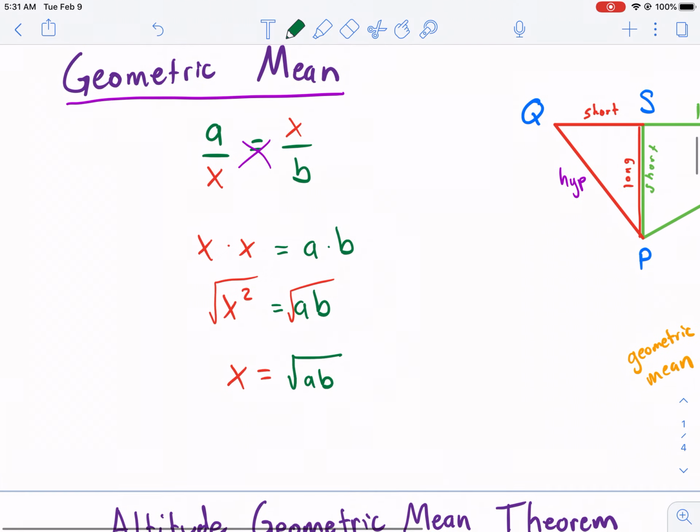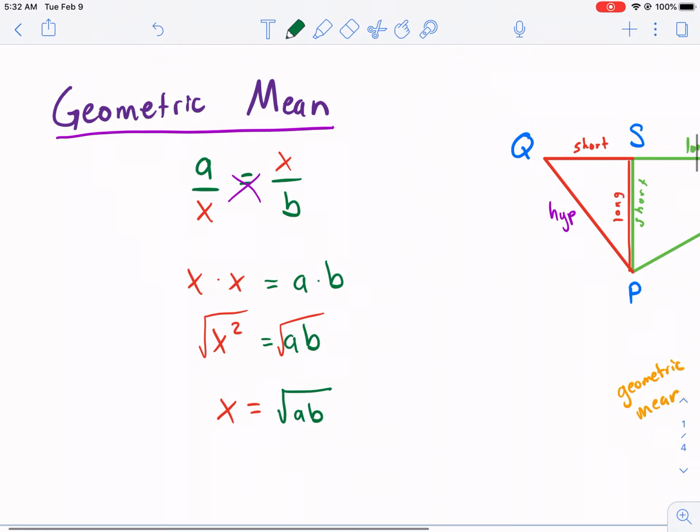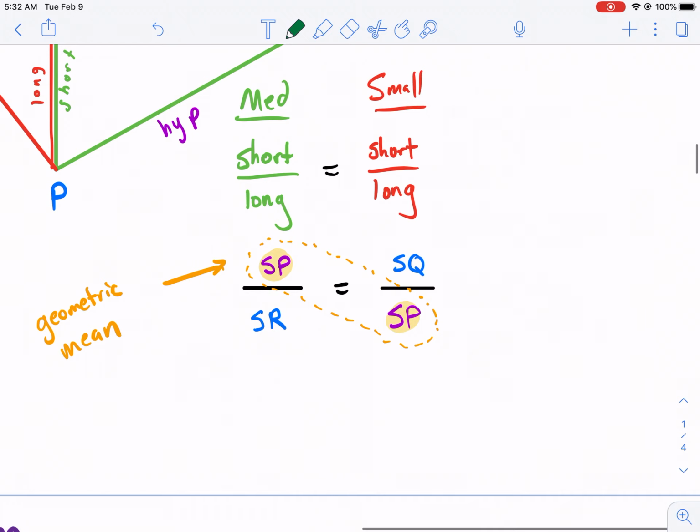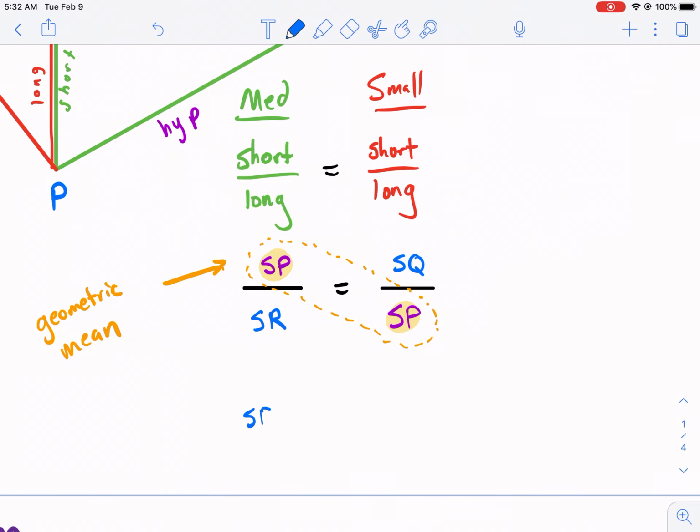And this is always going to be the case for any geometric mean. Any geometric mean, you're going to take the product of something and then take the square root at the end. Okay, so we took the product of a times b, and then we took the square root to find our missing side. Well, that's going to be the exact same case here. Once we have values, it makes it a little bit easier, but we're going to multiply SR times SQ, and that's going to be equal to SP squared.